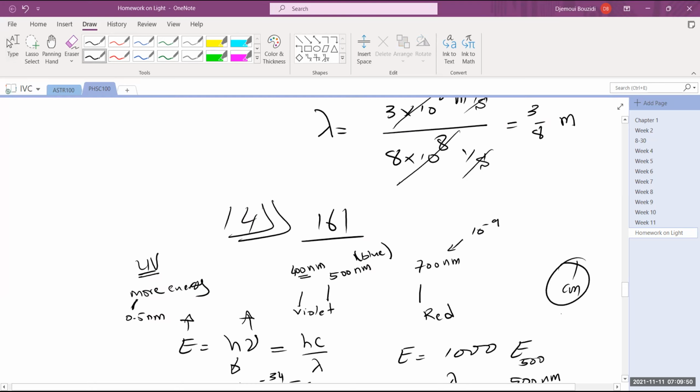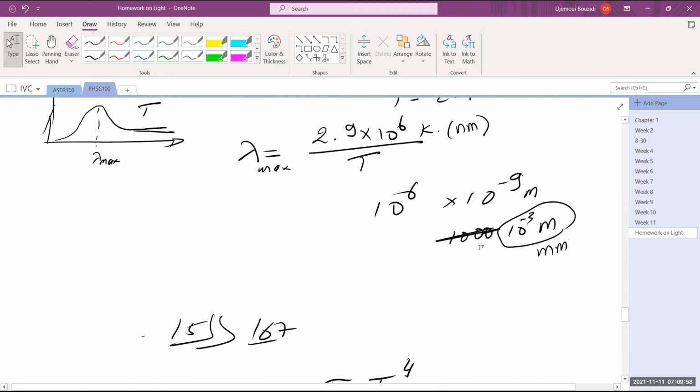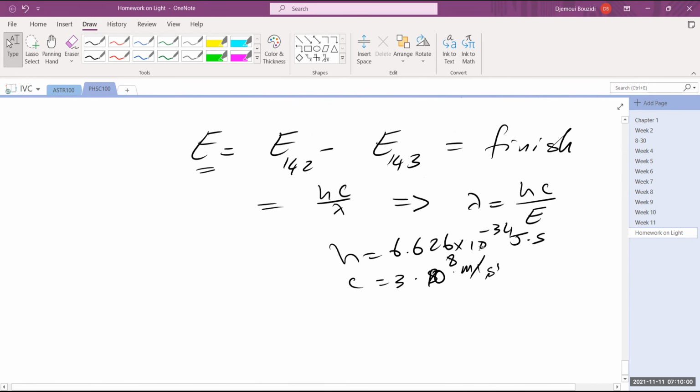So this should put it right smack in the microwave region. So I'm talking about problem 14 from 176. So this should be of the order of a centimeter. Okay, and that should be the microwave region.